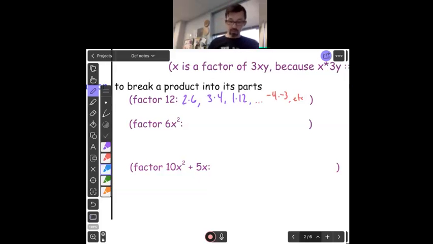Sophia, what multiplies to be 6x squared. What multiplies to be 6? All right, Aiden, 6 times x squared. What else? Ryan, what multiplies to be 6x squared?